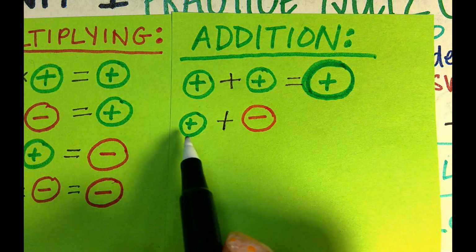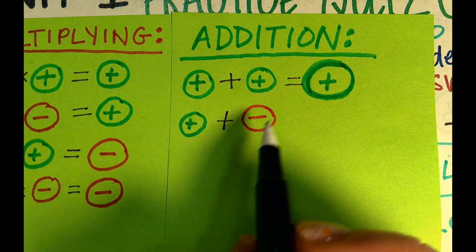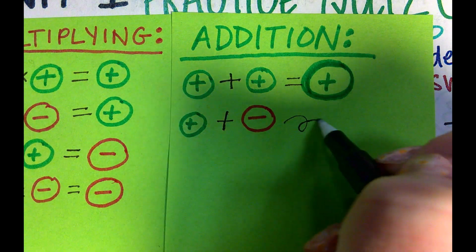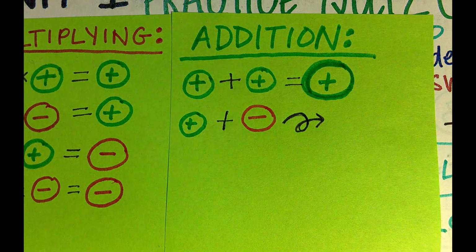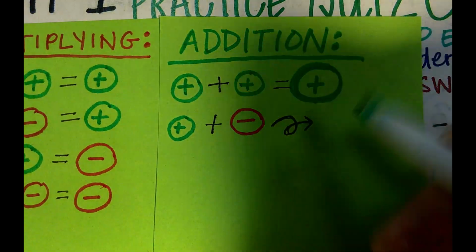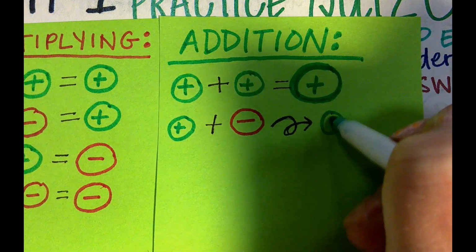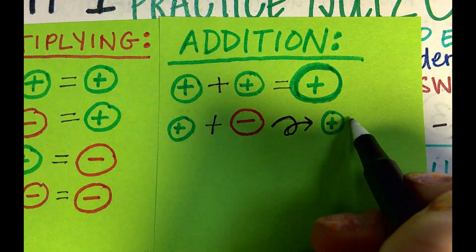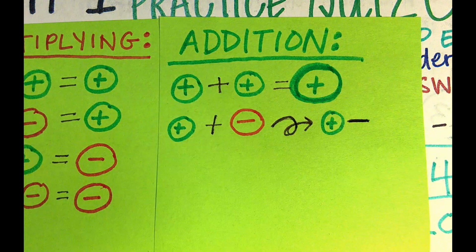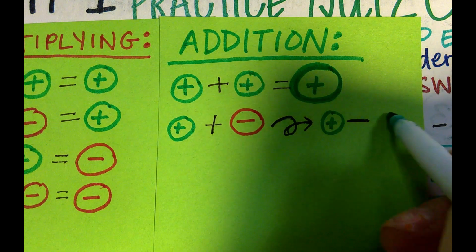But here's what's happening. If I have a positive number plus a negative number, I'm going to change it into positive minus, its subtraction, positive minus positive.